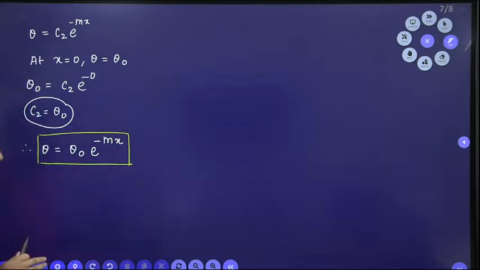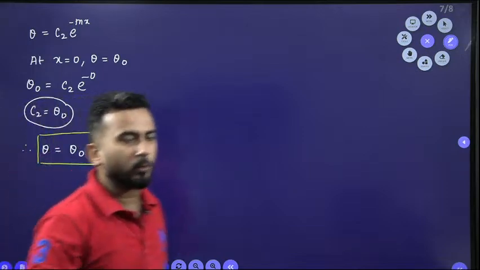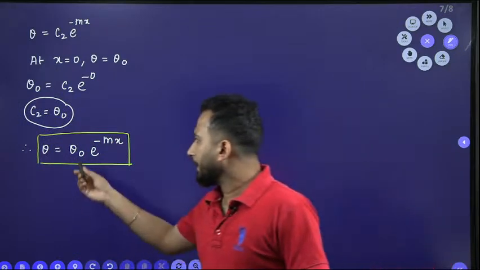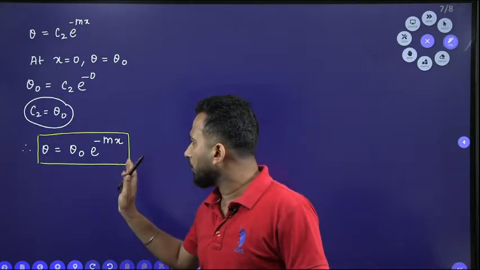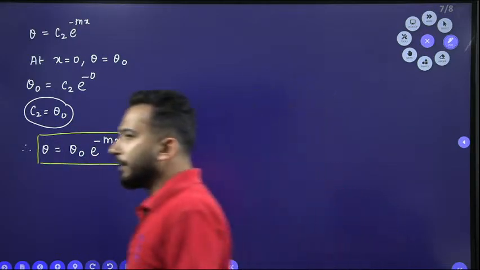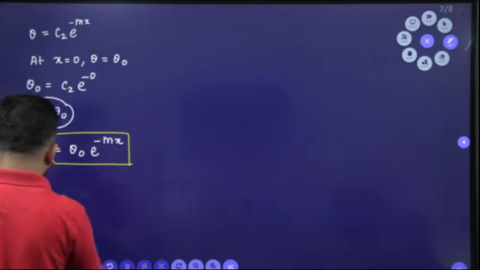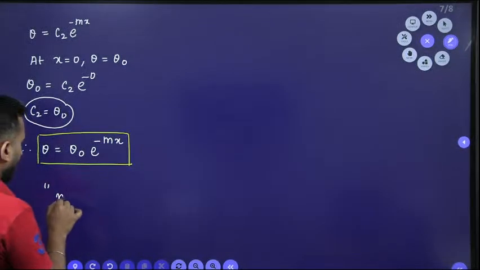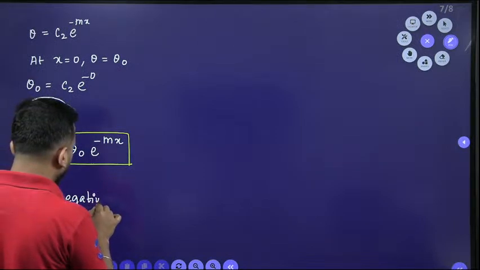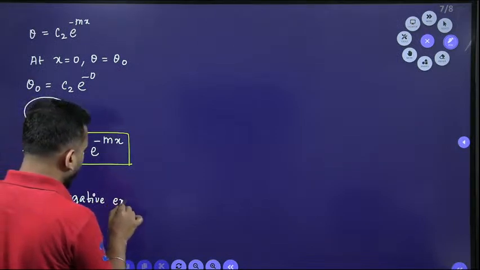In the beginning only I told you that we are interested in knowing the profile of theta and x. Theta naught is a constant value, m is a constant. So theta and x variation is what? Negative exponential. So variation is negative exponential.